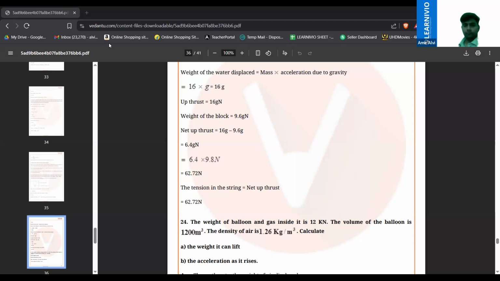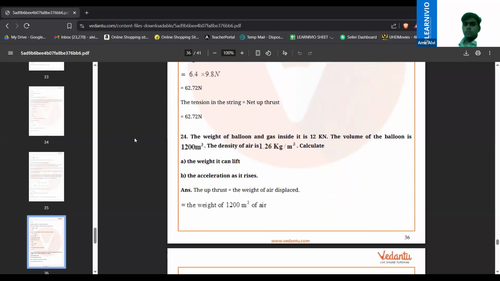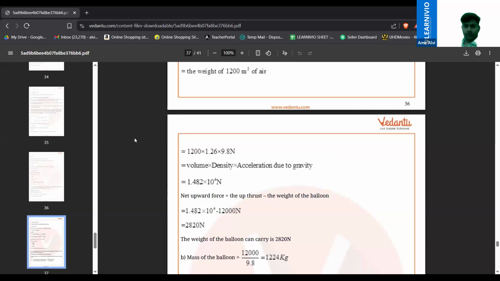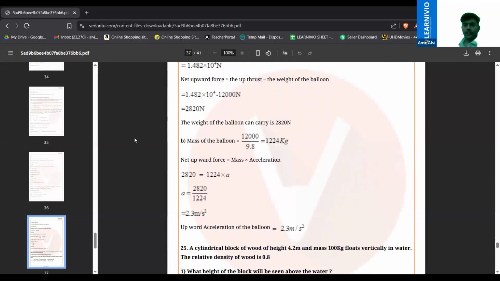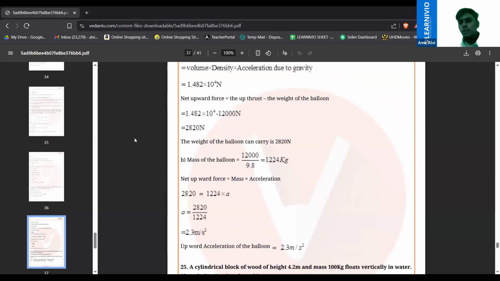Sir, is the weight 2817.6 Newton and acceleration 1.8 meter per second square? Acceleration is 2.3 in the upwards direction, and the calculation of the weight of the balloon would be 2820 Newton.